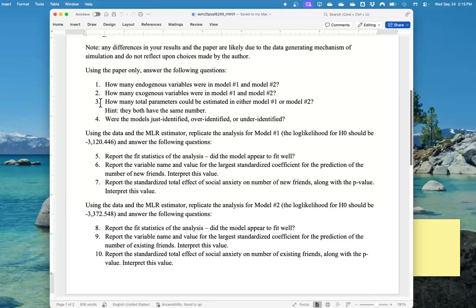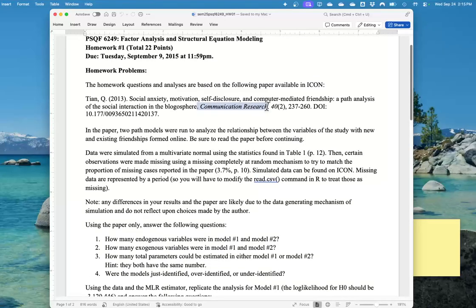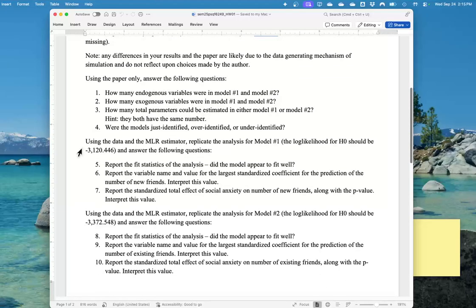So you've got a week to do this. Basically, it gives you data. I found another paper and tried to mirror that. I created simulated data. One thing I will note is in each section, there's a guide: log likelihood for H0 is this. That tells you that you're likely the right model.